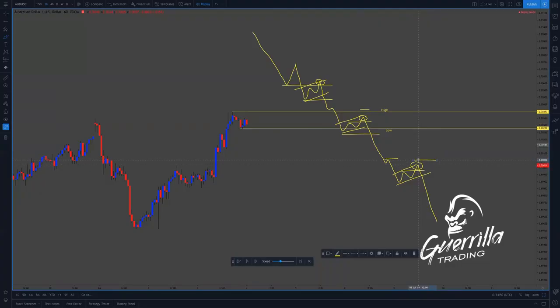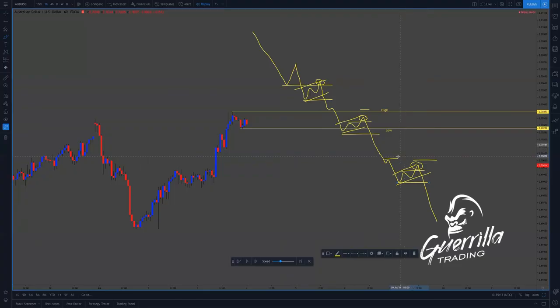We have our stops above here, we have our other 2 stops above here, and you can see we break this low again. Now as this position is opened, we have 3 times the amount of profit when we go down. As it's dropping, we have 3 times the amount of profit, yet only 1% of risk.